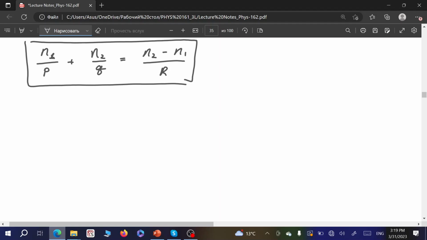That's why when we deal with a real lens, we have sharply defined edges from both sides. We need to apply this twice, but remember specifically which medium is first and which is second, because they will change. If we consider the first interface, then the first medium is air, the second is glass. If we consider the second interface, then the first medium is glass and the second is air.